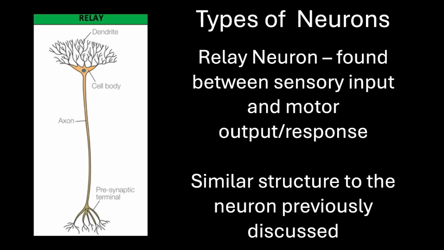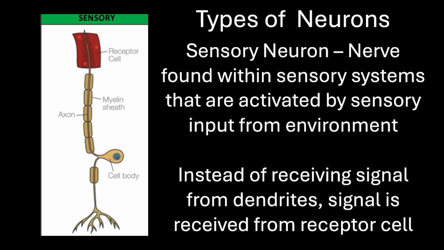Now, what's not similar to this is a sensory neuron. This is a neuron that's found within our sensory systems, and they're activated by some input from the environment. Like if it's something to do with our vision, it could be light, it could be touch, it could be any of these things.